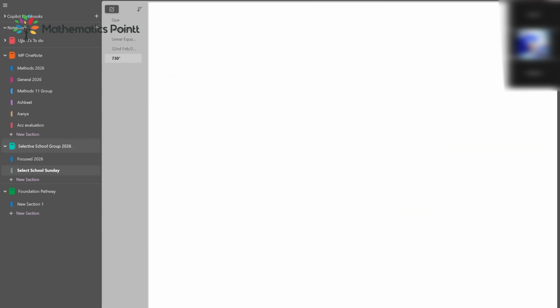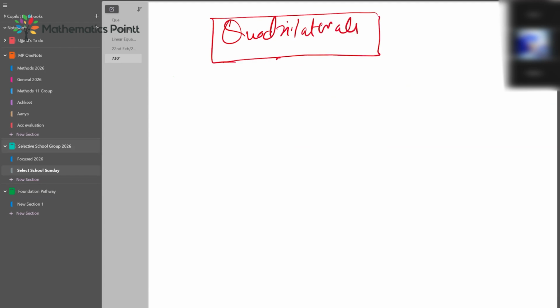Can anyone tell me what are quadrilaterals? Quadrilaterals are figures that have four sides. Exactly.